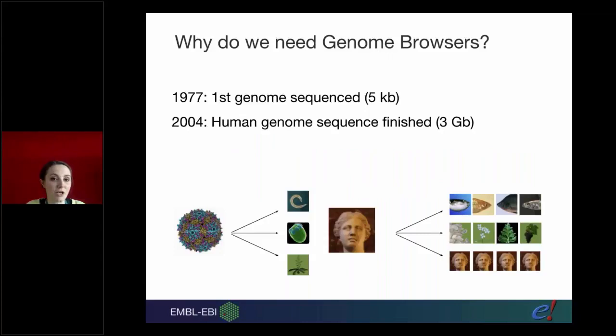So Ensembl is a genome browser, and genome browsers are very important because they allow us to deal with the vast amounts of data that a genome is made up of. Human genomes are about 3 gigabases. If you look at a wheat genome, I think it's at least 10 times as big as that. So we are talking quite vast amounts of data.